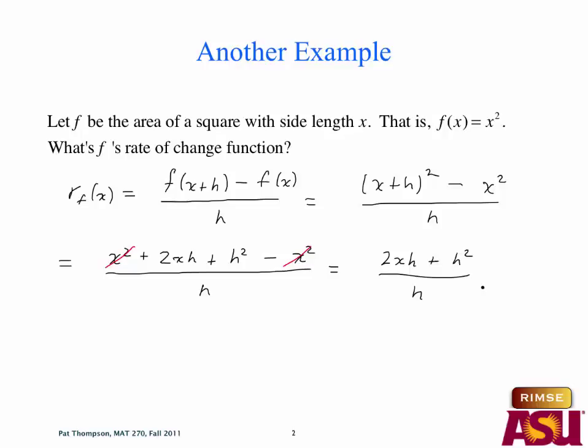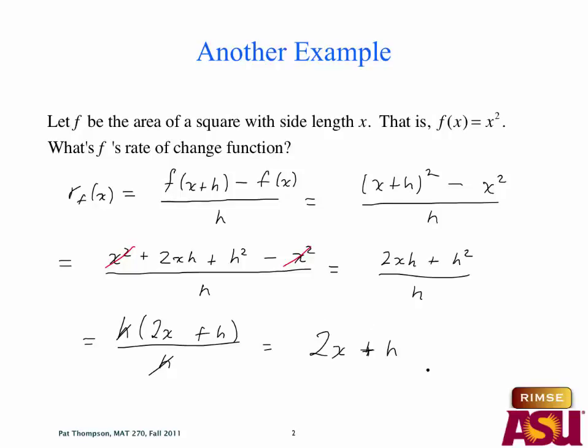Okay? So you can't cancel it out until you have it multiplied. You got to factor out h. So h times? So what is this?